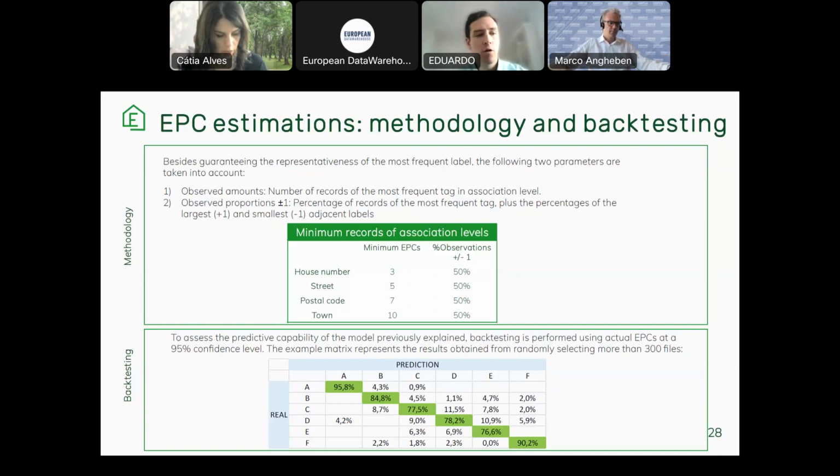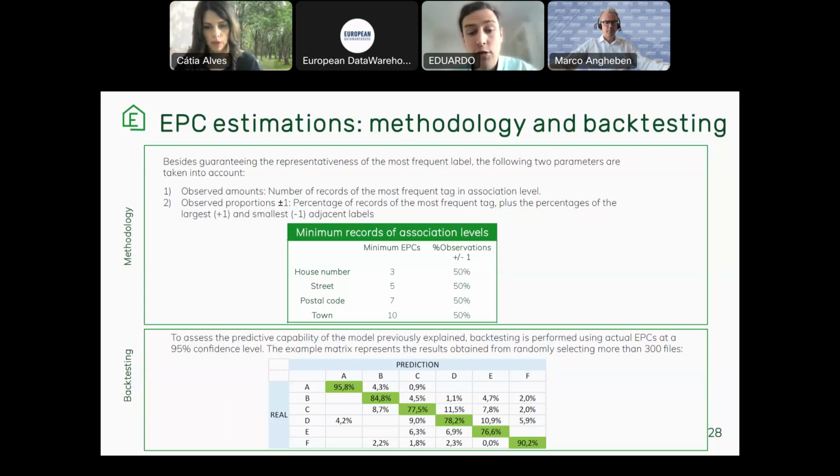We include all these properties in the estimation process. So what you can see in the columns there, A, B, C, D, E, and F, are the real EPCs for which we acted as if we didn't know them, and we put them through the process of estimating what their EPC labels would have been, and then we compare them with what they really were.